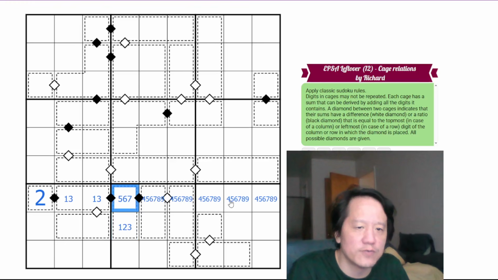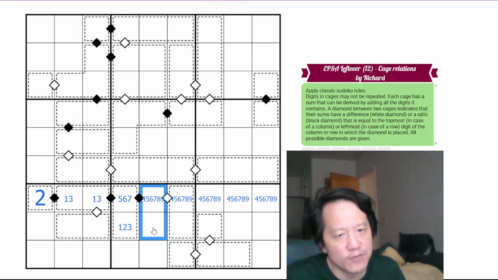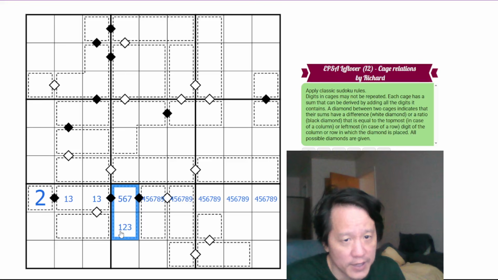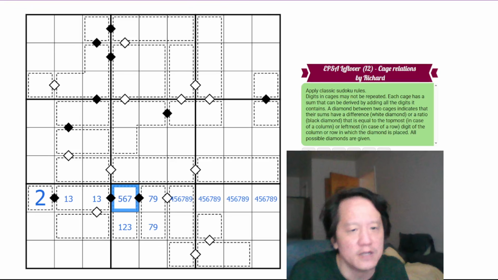It's 5, 6, 7 with 1, 2, 3. This would either be 4 or 16 to be in a 1-to-2 ratio with that. Can't be 4 because of the 1, 3 pair in the row. Eliminates 1, 3 as a possibility here, which adds up to 4. So this must be 16, which must be 7 and 9. So no 7 here, no 1 here.